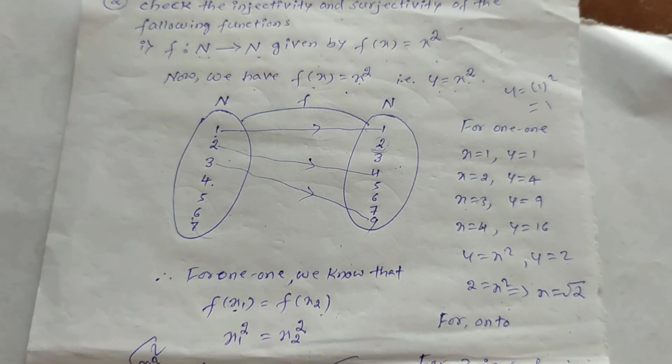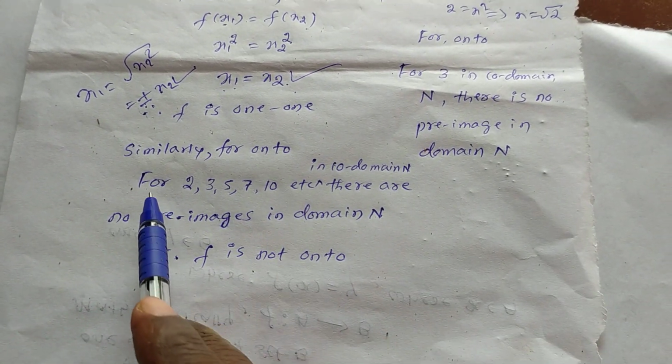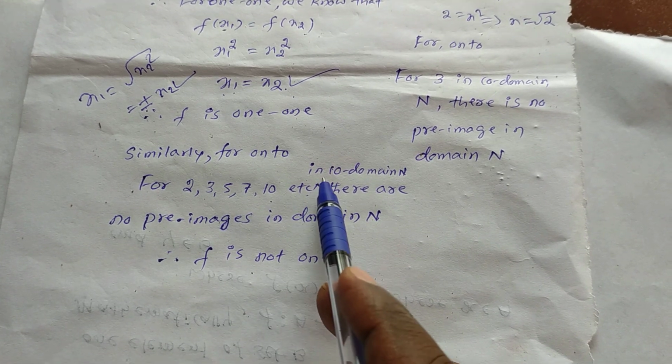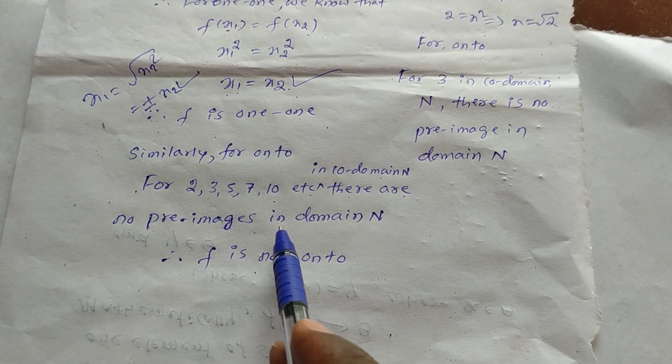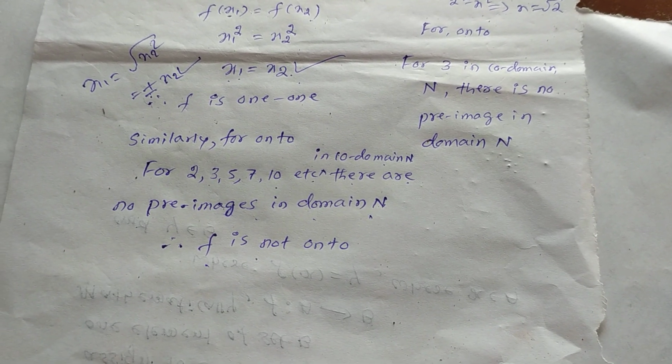Hence, it is not onto. But it is one-one, but not onto. Therefore, for 2, 3, 5, 7, 10, etc. in the codomain, there are no pre-images in domain N. Therefore, f is not onto. Okay, thank you.